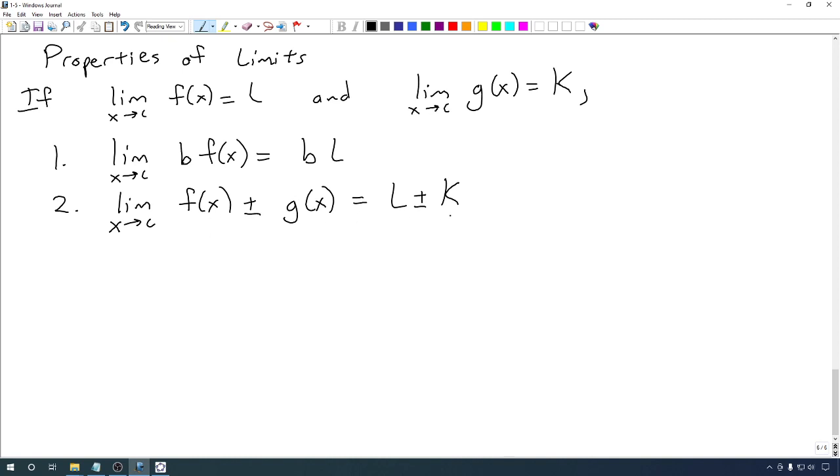If I'm subtracting them instead, I subtract L and K. If I multiply, take f of x times g of x, we just go to L times K. So kind of what we would expect to have happen. This part's going to L, this part's going to K. The fact that these are going to L and K separately doesn't really change anything. They're still going to L and K separately, and then they get multiplied. So it doesn't matter if we do the multiplication here or we do it afterwards.